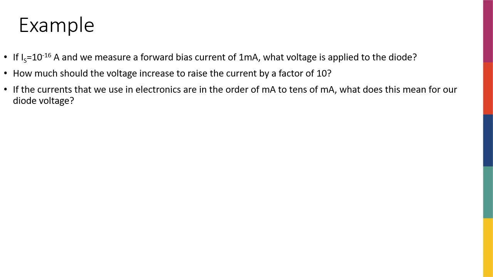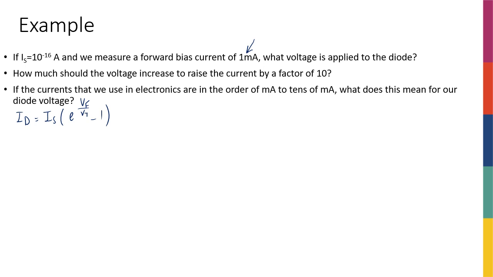From the previous slide, we know that ID is equal to Is times e to the power of Vf over Vt minus 1. Now, since we know that the current is 1 milliamp, which is a decent amount of current, I can imagine that this Vf is probably much bigger than Vt.